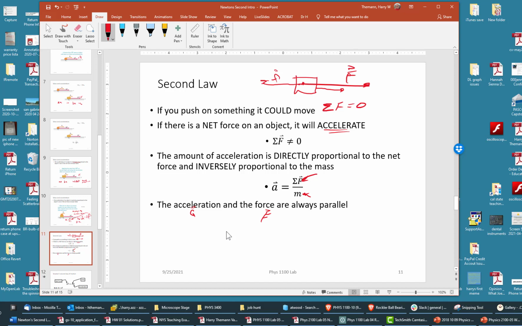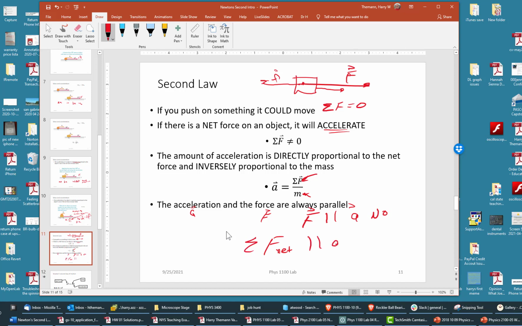We have a vector equal to a vector times some kind of scalar, or divided by a scalar, which is still a vector that's parallel. And it's not just any F. You've got to be careful. Any particular F is not guaranteed to be parallel. It's the F net. So you have to state that very carefully.